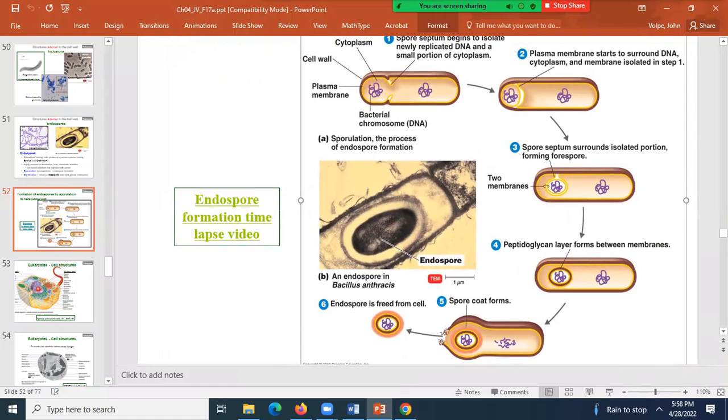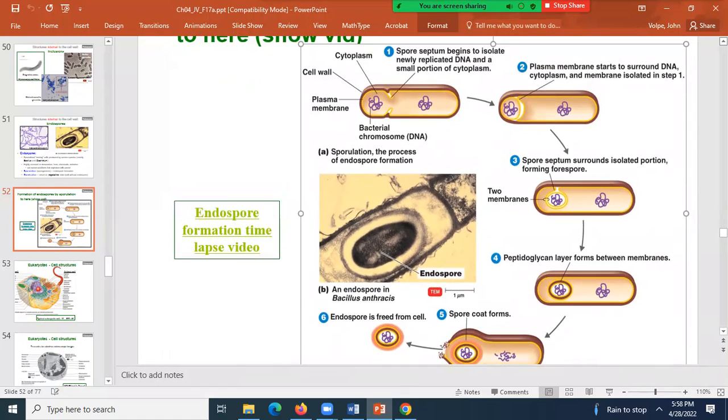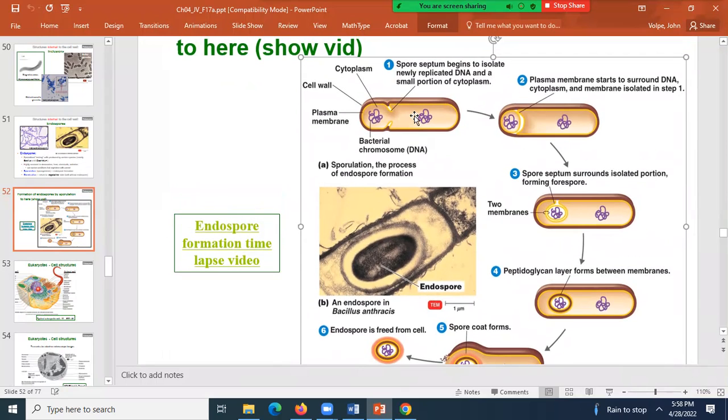When an endospore starts to form, the cell goes through cell division in the normal process. So the DNA multiplies and then moves to one side of the cell and the other side of the cell.